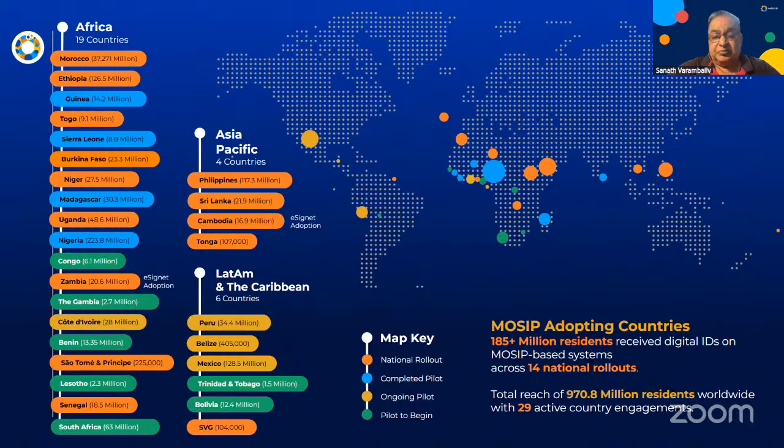Then there are ongoing pilots and pilots to begin. There are 4 color codes. We have countries with 126 million down to the lowest, like 10 million, 20 million population. So we are addressing both ends.